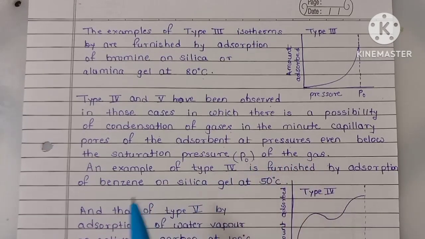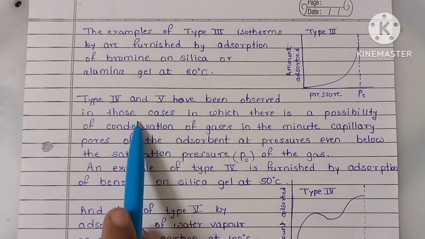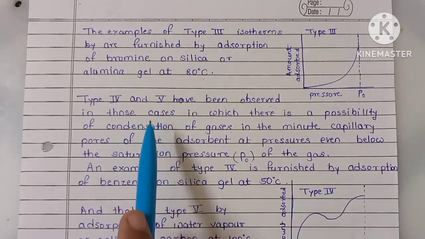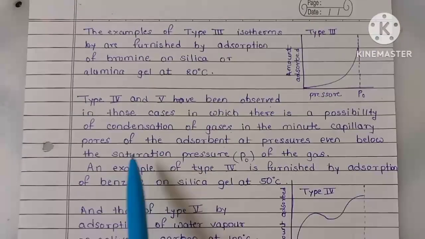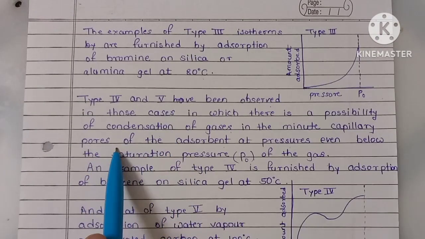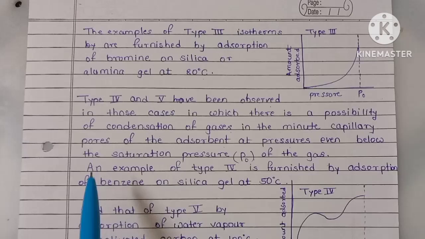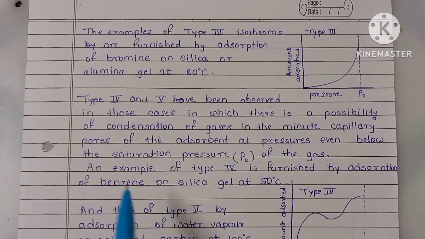One thing is that types 1, 2 and 3 are for non-porous adsorbents, and for types 4 and 5 the adsorbent is a porous material, so capillary pores are present, and on those capillary pores the adsorption takes place.